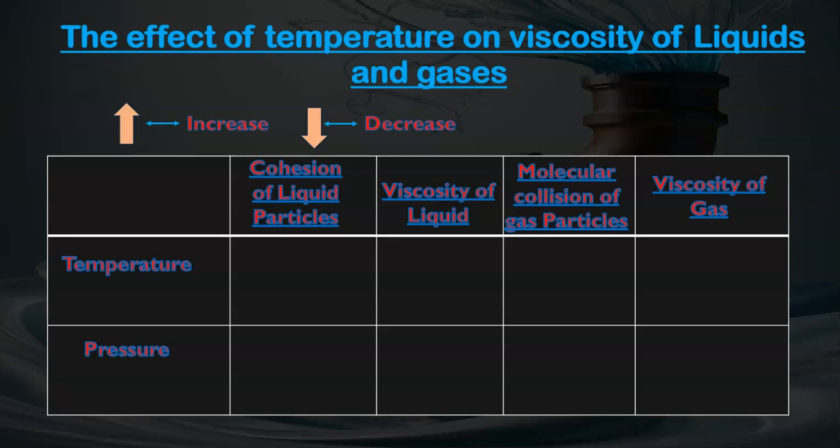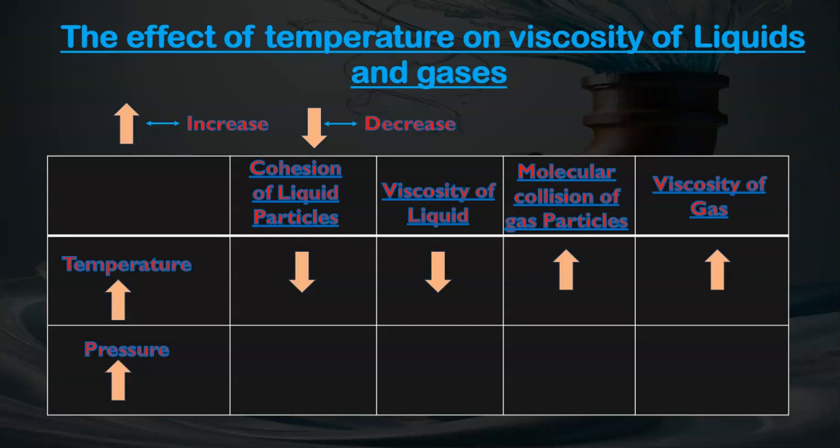So how are we going to summarize the effect of temperature and pressure on viscosity of liquids and gases? The arrow mark upward denotes increase, arrow mark downward denotes decrease. So what happens when temperature is increased? Cohesion of liquid particle decreases, hence viscosity decreases, and molecular collision increases, and hence viscosity of gas increases.